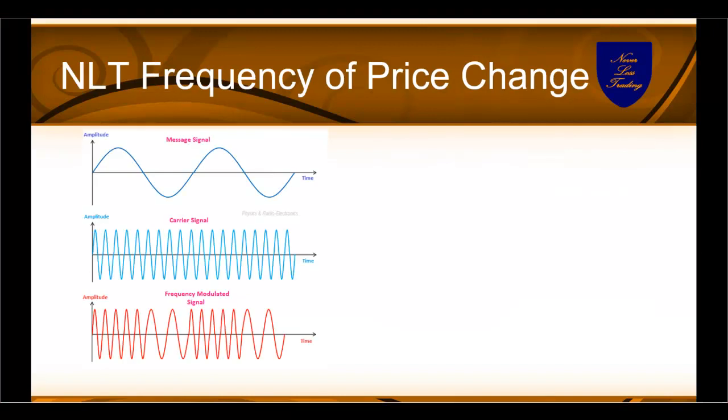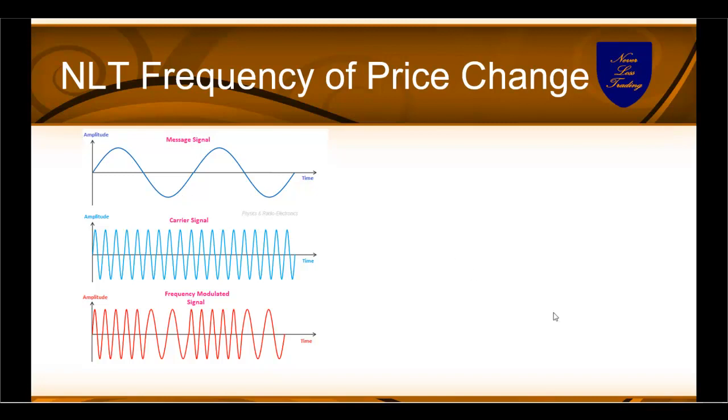Let me give you a little bit of background information on frequency and signal theory. If you have a signal that you want to transmit and you want it to travel far and fast, you put a carrier wave on it, which is on a higher frequency, and that would be the result. This is exactly what happens, but you need a filter on the side of the recipient to understand where the signal was and how to decode it.